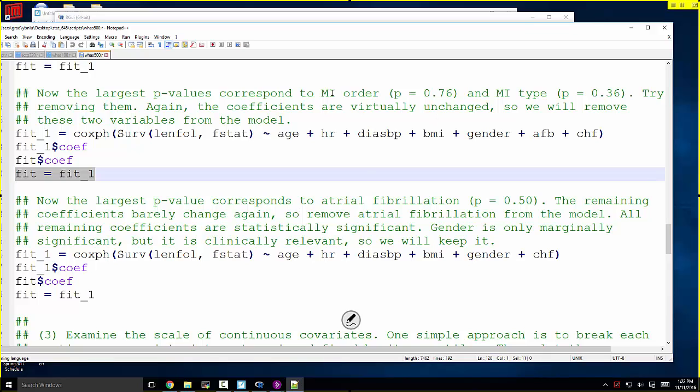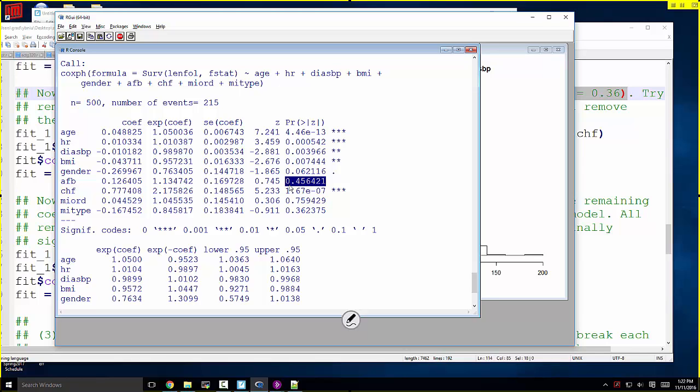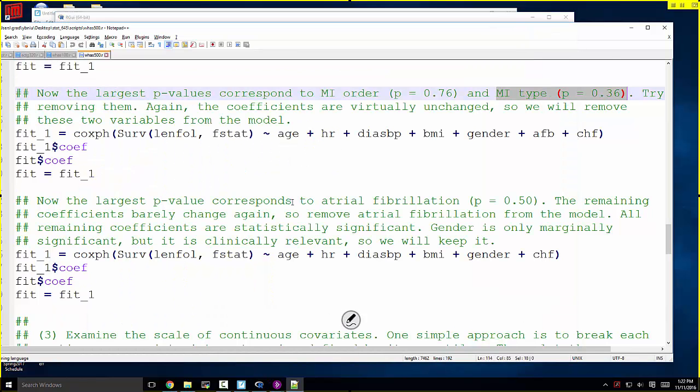Right, so now the largest p-values correspond to MI order and MI type, 0.75 and 0.36. I don't know why I didn't include AFB. I should probably include that, but I'll just follow my code. Let's consider removing these two, MI order and MI type.